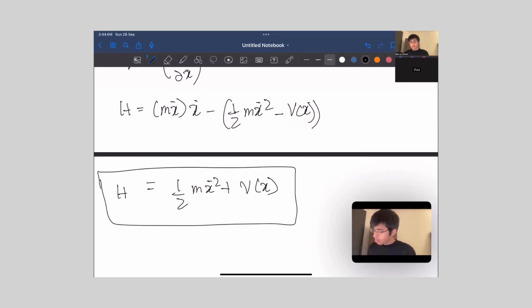Over the last 10 or so minutes, we have linked the action, the Lagrangian, Newton's second law, and now the Hamiltonian. So, we've covered all of classical mechanics.